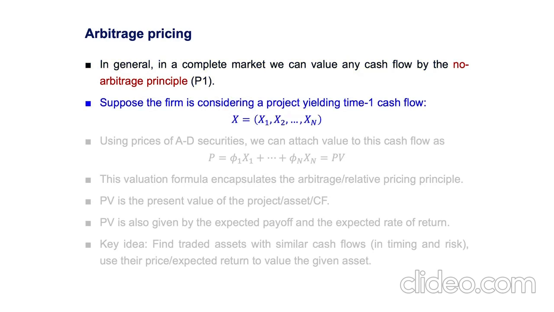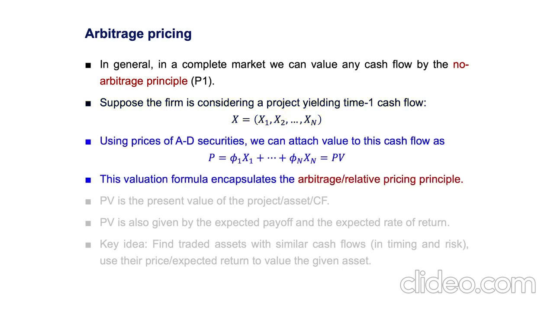Suppose a firm is considering a project yielding time 1 cash flow X, which is X1 in state 1, X2 in state 2, etc. Using the prices of Arrow-Debreu securities, we can then attach a value to this cash flow as follows.